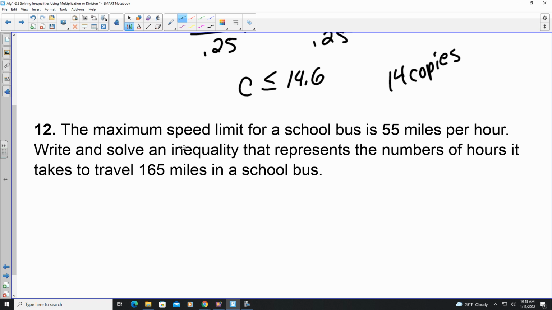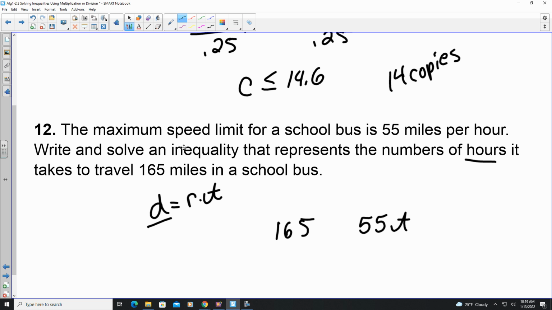So you can kind of use the distance equals rate times time formula, and they give you the distance here, which is 165. They give you the rate, which is 55 miles, and they want to know the number of hours. So T is here.